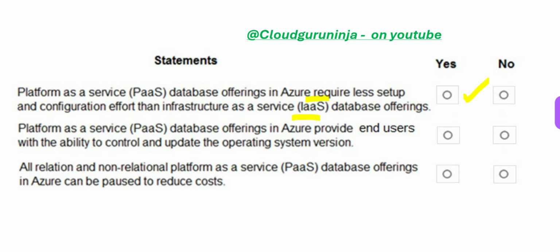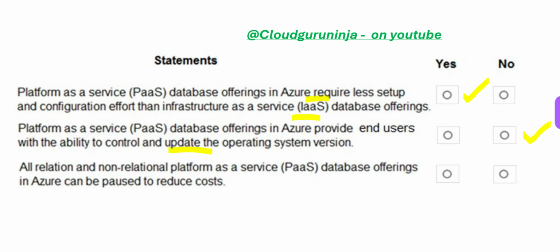PaaS database offering provides end users with the ability to control and update operating system version. So you don't get that level of access. PaaS will not give you that access. Infrastructure as a service gives you that access. You can decide which operating system you want your database to be hosted on.